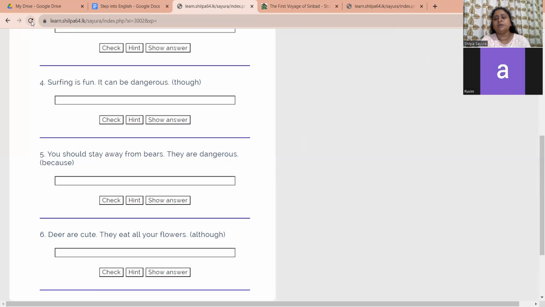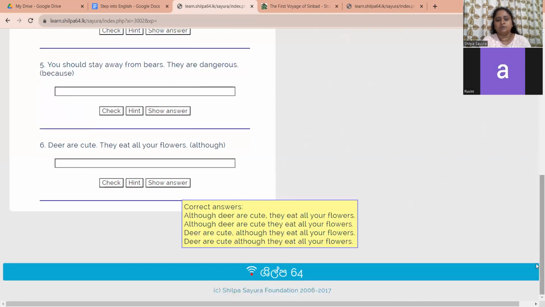Though deer are cute, they eat all your flowers. Or if not, you can say, although they eat all your flowers, deer are cute. Okay. Right. So that is the answer for the last one.